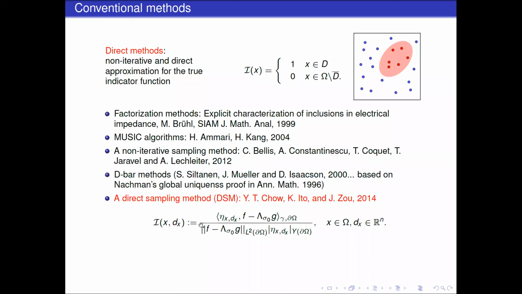You see their approximation to the indicator function is quite simple. f and g are the data functions, the boundary data, and eta is a so-called probing function that only depends on the geometry of the whole domain. So we can consider it known because it can be described by a simple PDE. Then we just do some inner product and take some L2 norm to compute the index value.